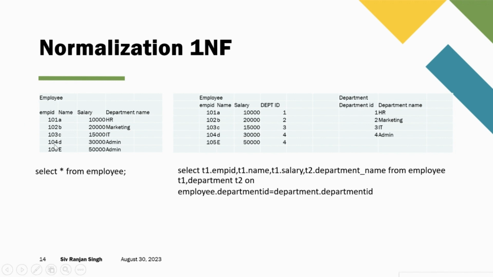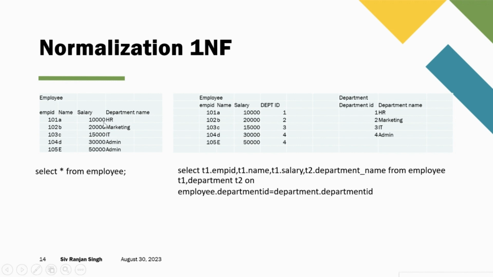So here you can understand. Here is a table named employee. In this employee table, you can see employee ID, name, salary, and department name. But normalization says we have to reduce the repetition of characters.